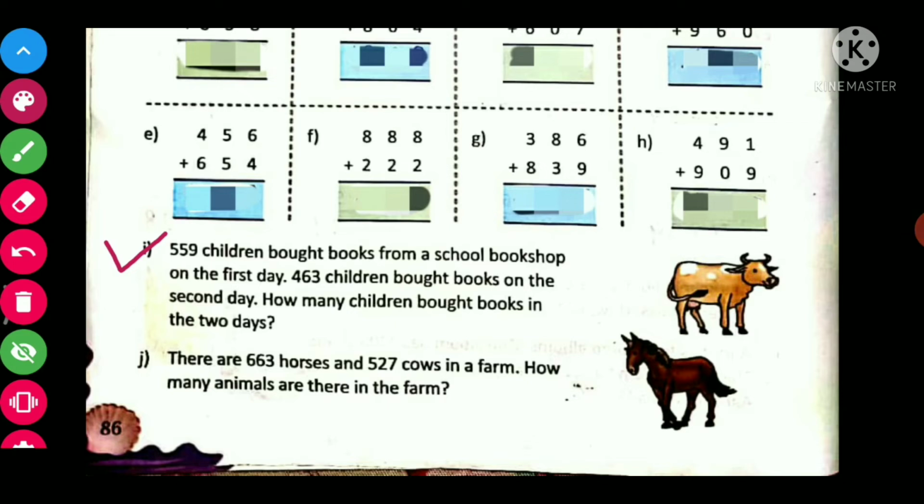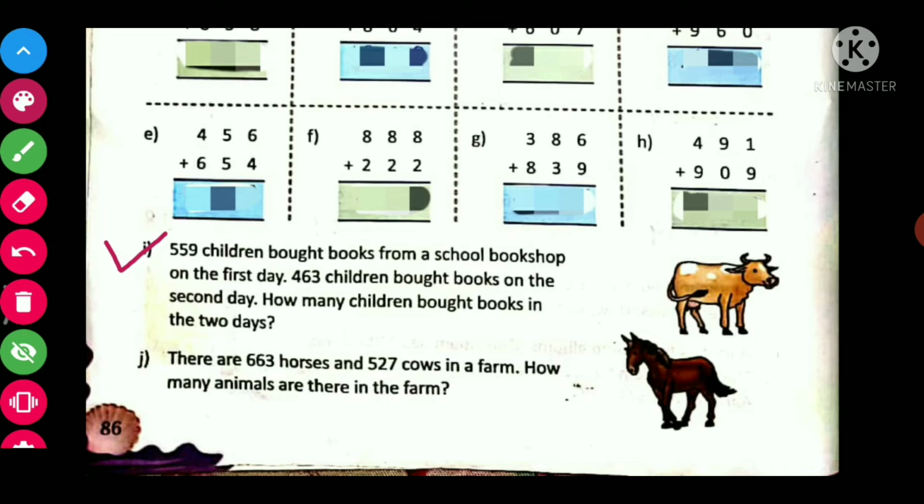So here in this question it is given 559 children bought books from a school bookshop on the first day. 463 children bought books on the second day. How many children bought books in the 2 days?